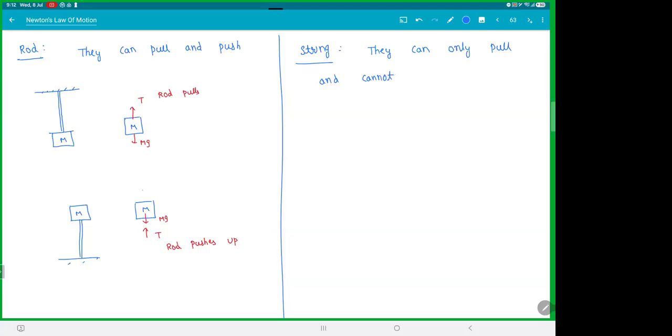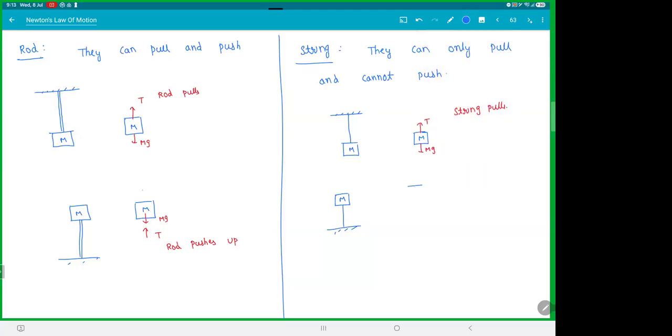So in certain questions, this will create a problem. Tension is mg, the string pulls.